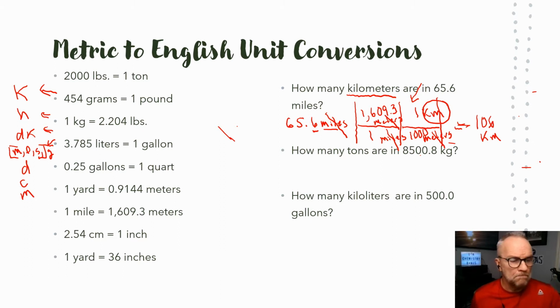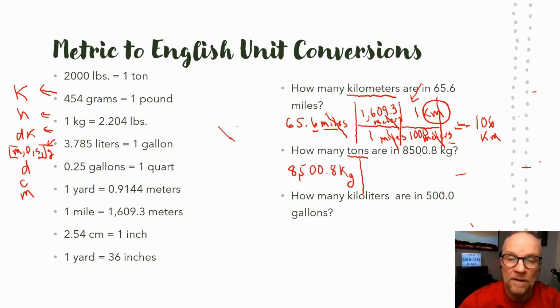Okay, very good. Let's do another one live because they're so much fun. Let's do our kilograms to tons. Here we're solving for tons, and we have 8,500.8 kilograms. We know we're going to have to get kilograms to something else before we can get it into tons.